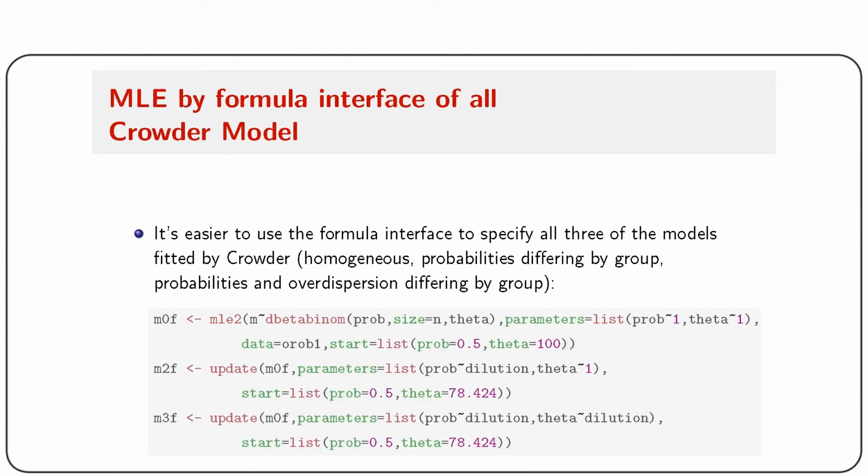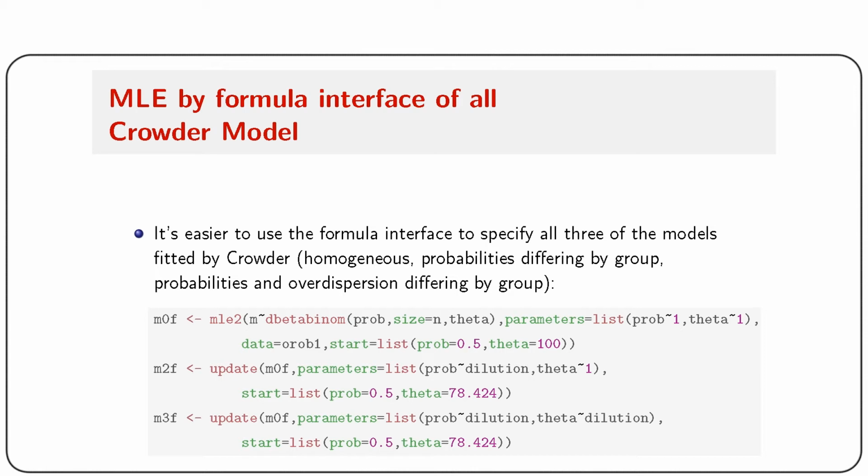It's easy to use the formula interface to simplify all three of the models fitted by Crowder: homogeneous, probability differing by group, and probabilities and overdispersion differing by group. So first you start with m naught f, mle2 with m tilde dbetabinom, prob, size equals n, theta, parameter list prob tilde 1 and theta tilde 1, and data equals orob1.